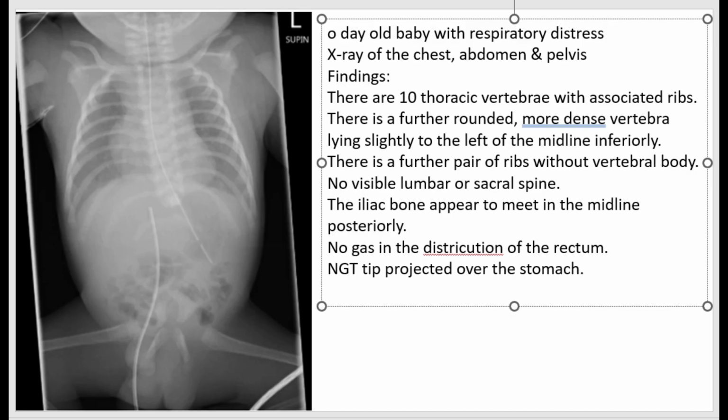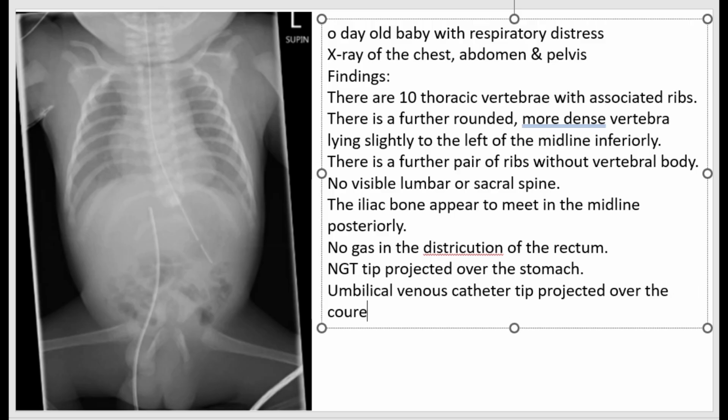And this is how to comment on the umbilical venous catheter. The umbilical venous catheter tip projected over the course of the falciform ligament.